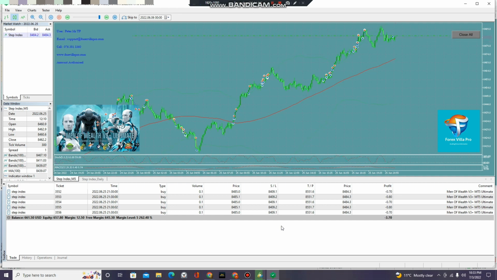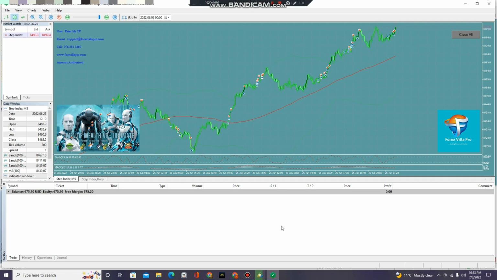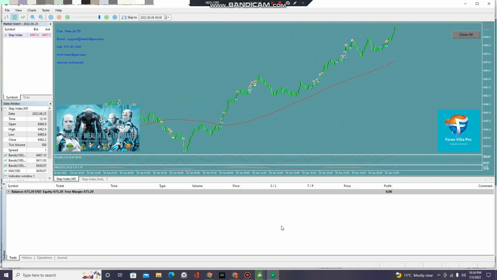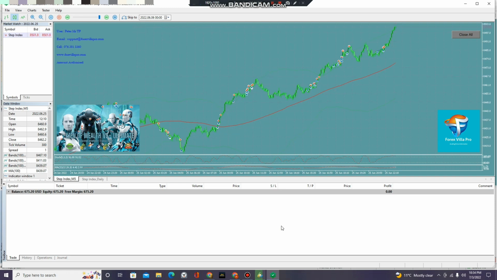Hence human error, your trading psychology, your risk management. You can't keep those factors constant because it's your own hard-earned money. And I understand, guys. That's why we're giving you Man of Wealth V3 Plus Ultimate at the cheapest price that you can have. Imagine if the system is 223 and you fund your account with a mere 100 USD, and the system does this.